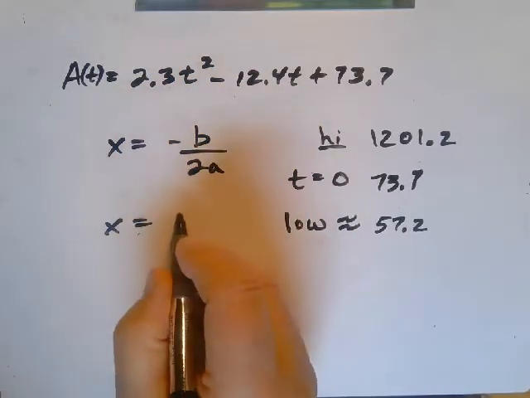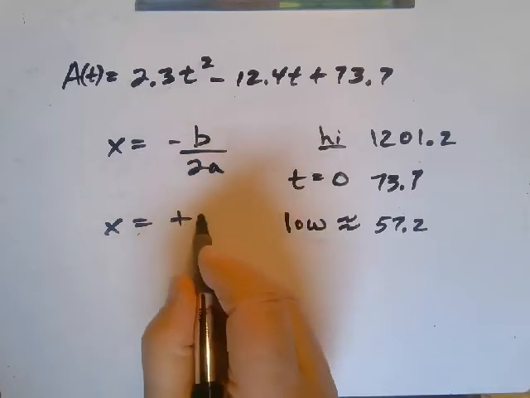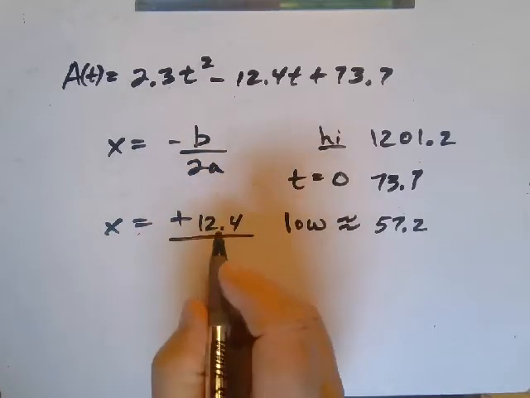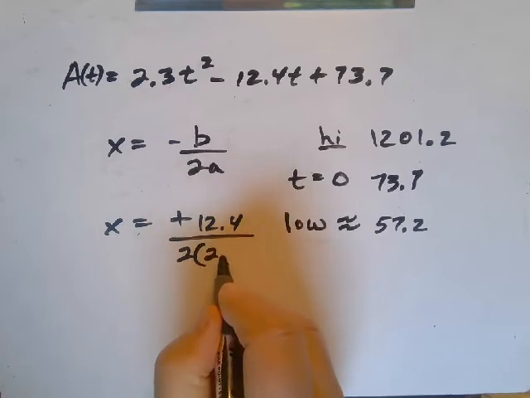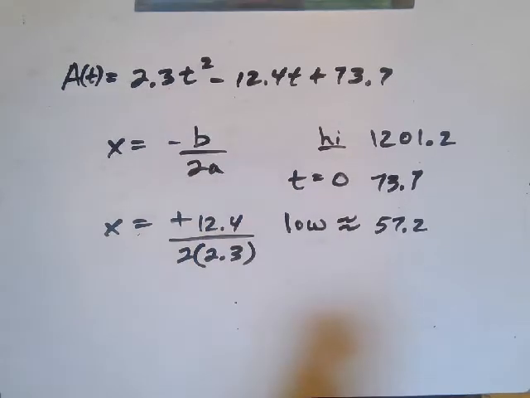So here we go, negative b, a negative 12.4 over 2 times a, negative b over 2 times a.